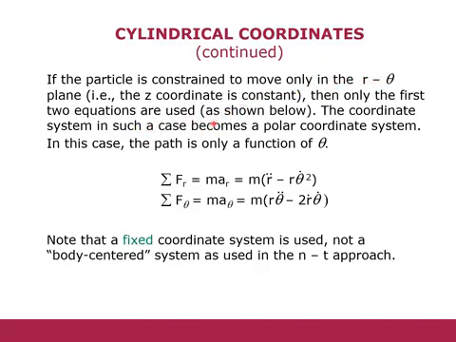In this case, we can say that we are working in a polar coordinate system. So we will only use these two equations, and we will eliminate the summation of the forces along the z direction. It will be 0, because we are only working with these two dimensions.